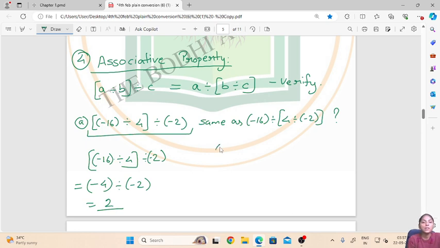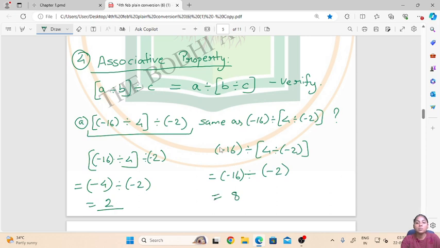Now for this, -16 divided by bracket 4 divided by -2. So here -16 will remain as it is. Then 4 divided by -2 will be -2, and then these signs will get cancelled, so it will become +8, as 8 2s are 16.